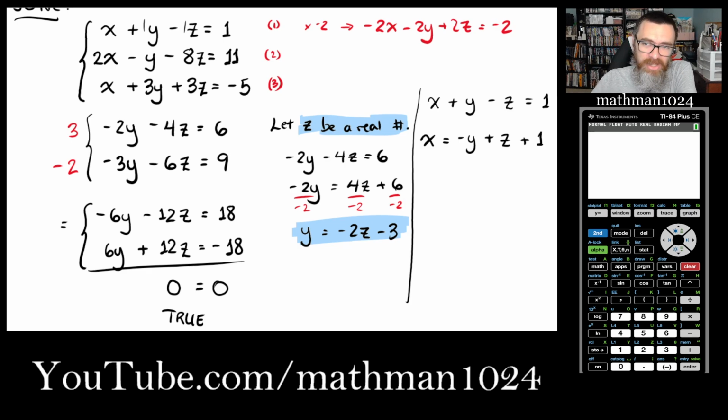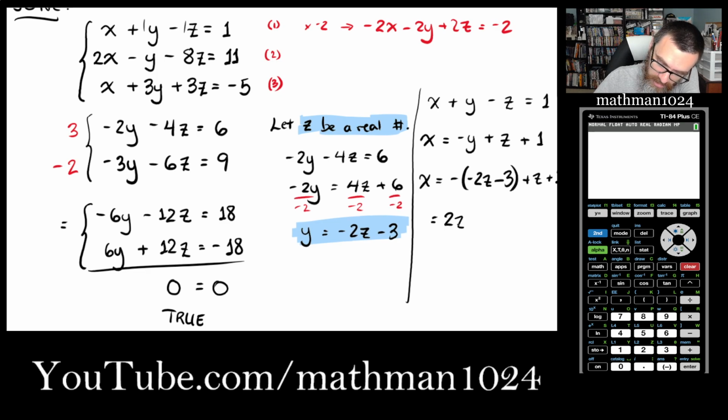We want x in terms of z. So we make the substitution with the y. So again, use parentheses for substitution. That's going to be negative of negative 2z minus 3, plus z plus 1. So this is 2z plus 3 plus z plus 1, which means x in terms of z is 3z plus 4.